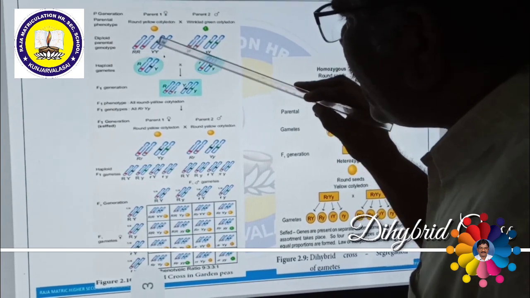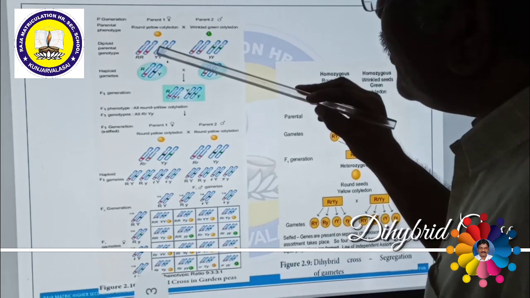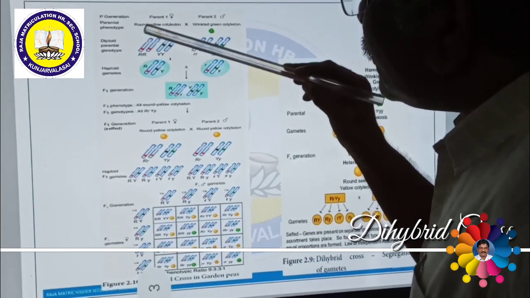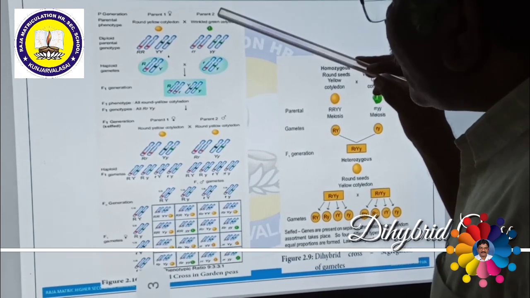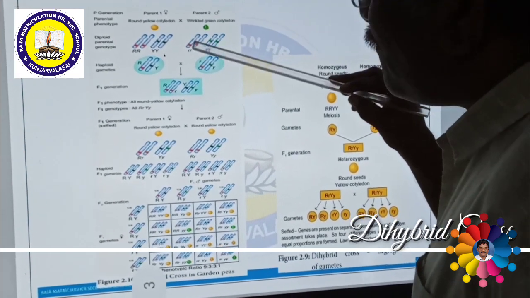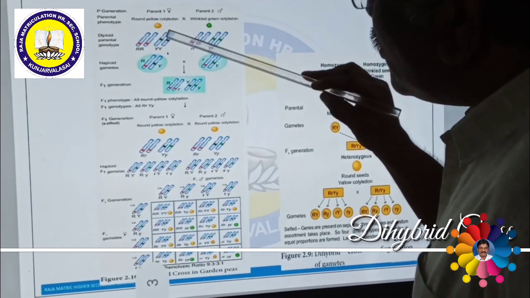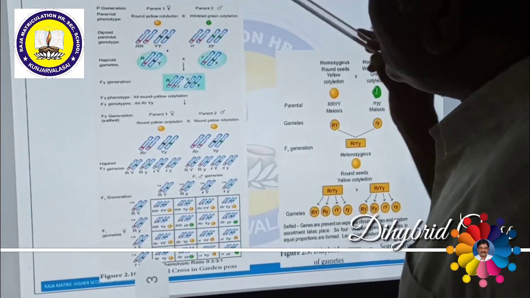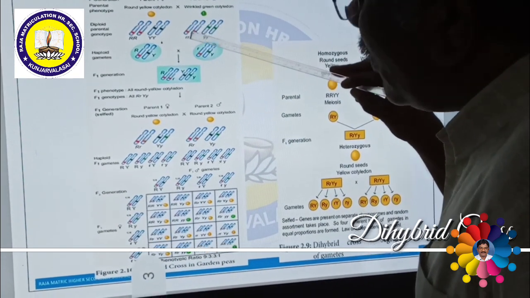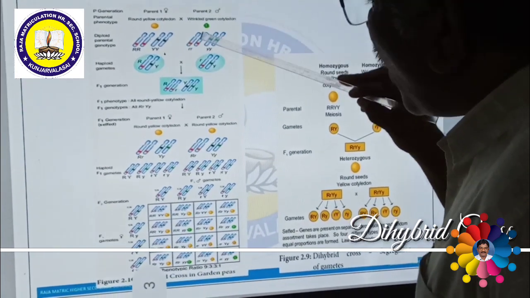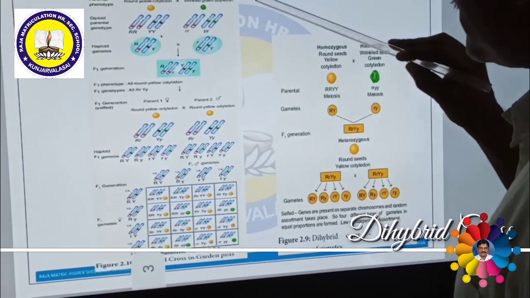The dominant character is represented by a capital letter. The recessive gene is represented by the small letter of the allele of the dominant character. That means the dominant character is capital R, so the recessive character, even though it is wrinkle, should not be given as W. It should be given as small r only. This is very important. Then only you can understand the concept.